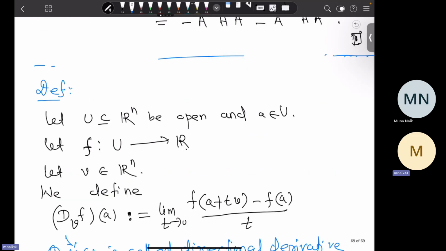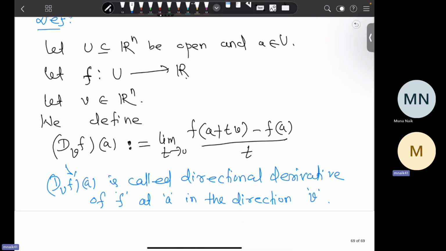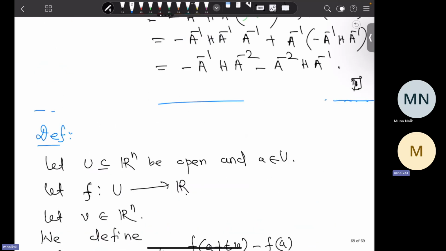So we define d_v f(a) equal to the limit as t tends to 0 of f of a plus tv minus f of a, by t. This d_v f(a) is called the directional derivative of f at a in the direction v. Okay, this is clear.